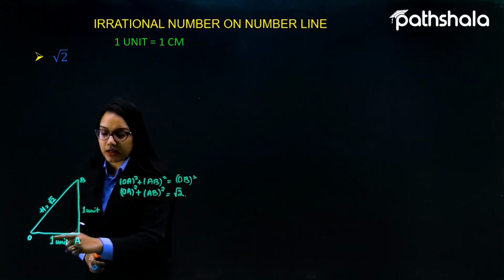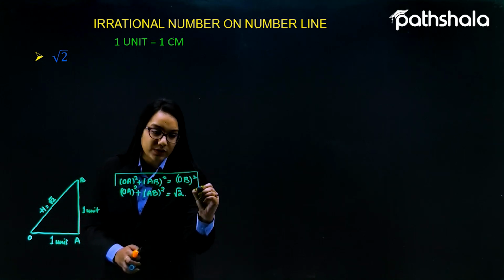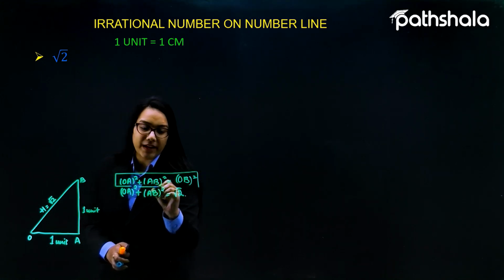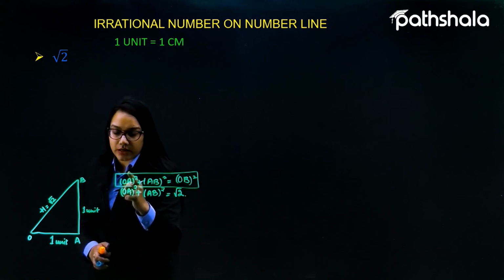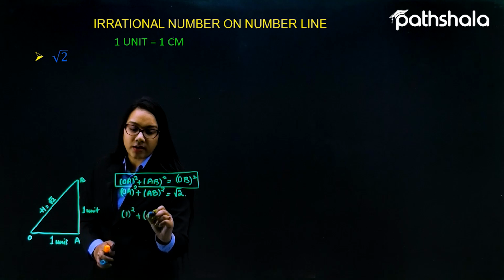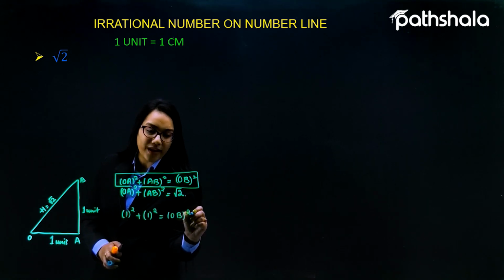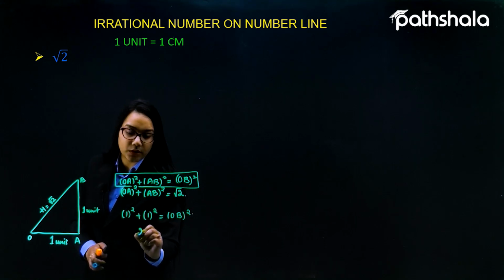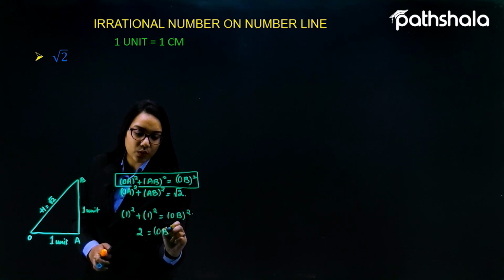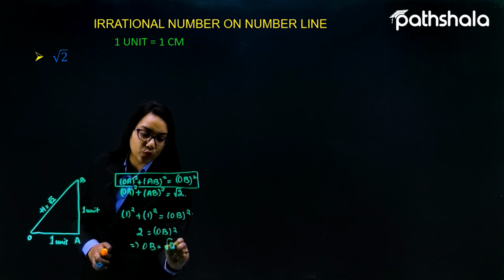Using the concept that hypotenuse square is equal to perpendicular square plus base square, let's plug in the values. 1 square plus 1 square is equal to OB square. So 1 plus 1 is 2, which is equal to OB square. It implies OB is equal to root 2.